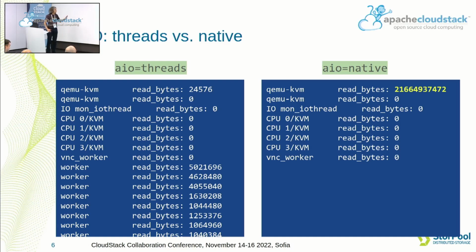So this is the threads of the QEMU process when the virtual machine generates a lot of I/O traffic. You can see here that QEMU has created a lot of worker threads that handle I/O requests. Here is the list of the threads, and this is the number of bytes that each thread has read.